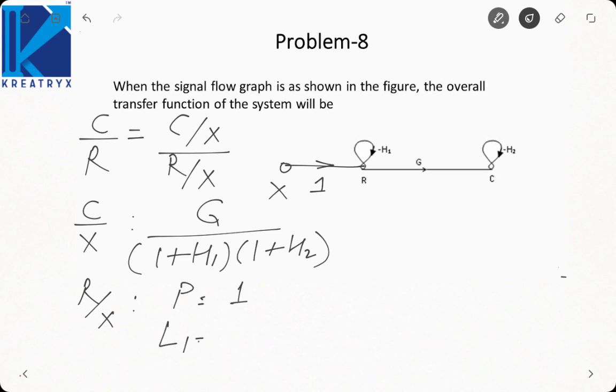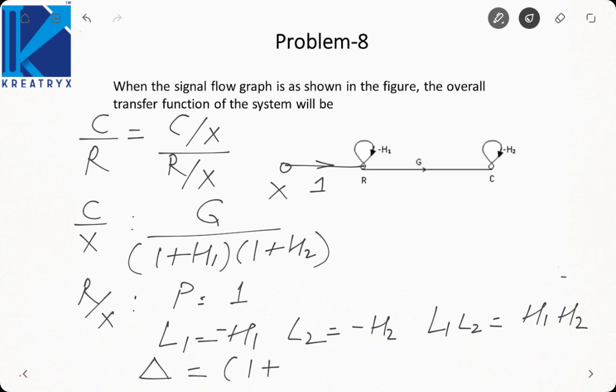The loops are same, H1, H2, and these both are non-touching, so it will be H1, H2. But now that means delta will be same. Delta would be 1 plus H1, 1 plus H2. But now if you see, this path only touches H1, so we need to remove H1 from here.